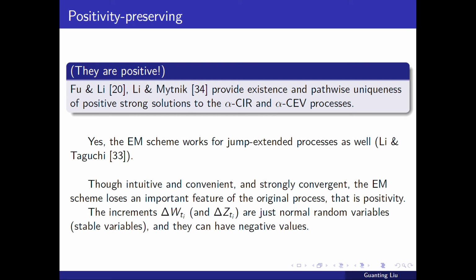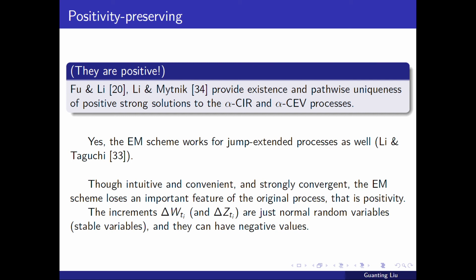The reason for that is simple, because thinking of the expression of the EM scheme, or the Maruyama scheme, the increments delta W and delta Z, if you have the jump, they are just normal and stable variables, and they of course can have negative values.